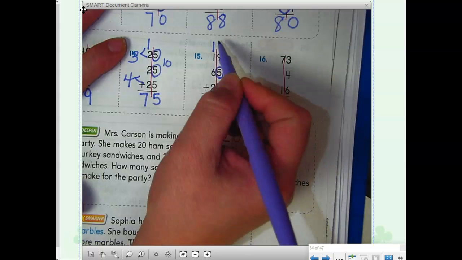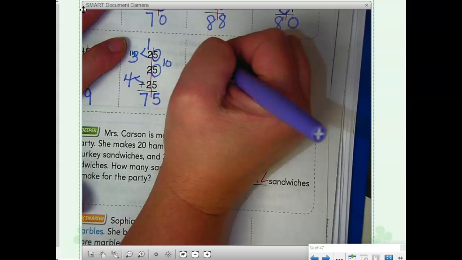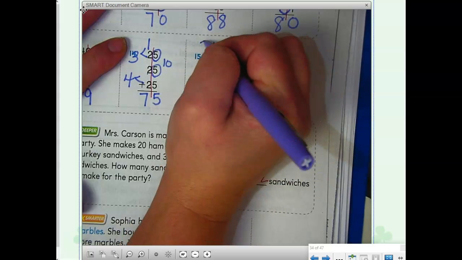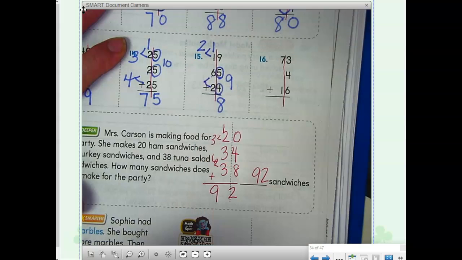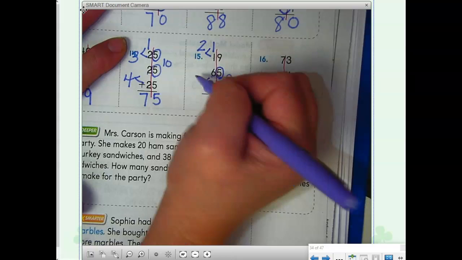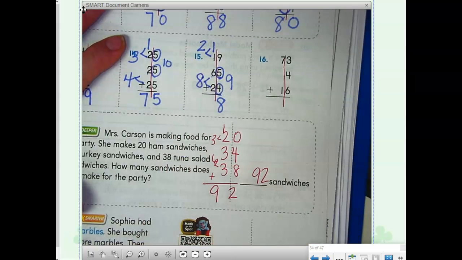All right, now I can add on the 10 side. 1 plus 1 equals 2. 6 plus 2, 8. Now what's 8 plus 2?